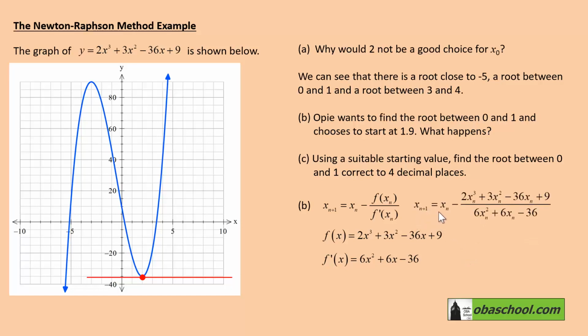So xn plus 1 is xn minus 2xn cubed plus 3xn squared minus 36xn plus 9 over 6xn squared plus 6xn minus 36.